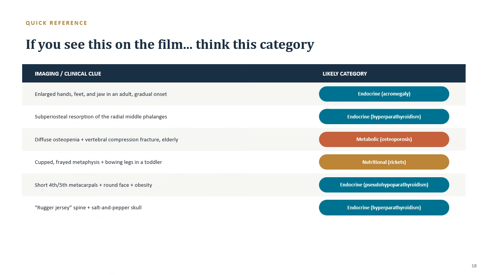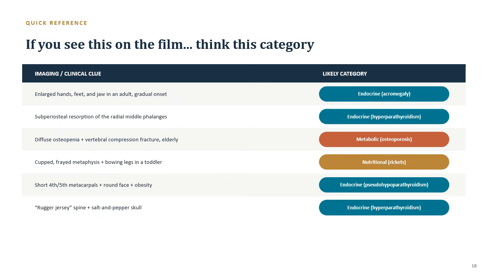And this is a gradual onset, but this is the presentation in an adult patient. The next one is another failure of the endocrine system. It's called hyperparathyroidism, and it's usually seen as a subperiosteal resorption, typically in the radial middle phalanges. So we're talking about the middle fingers.